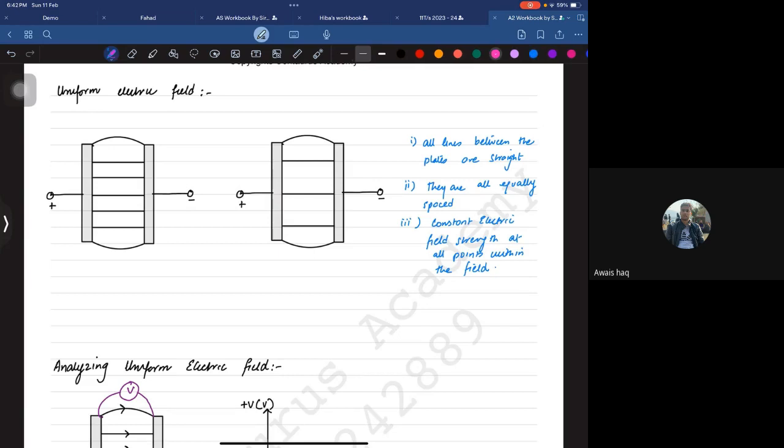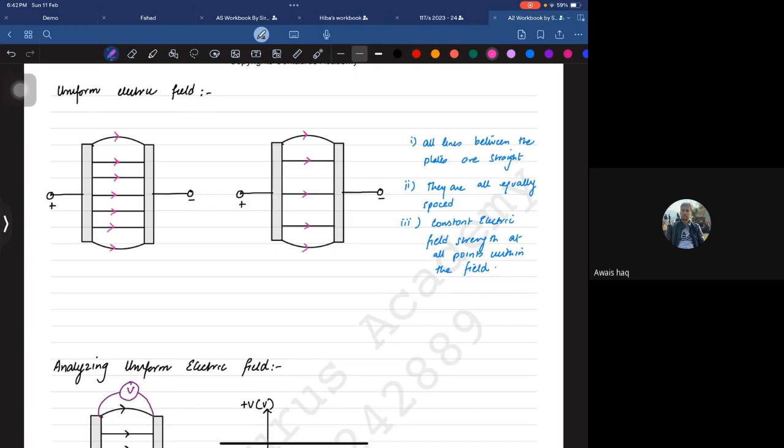So it goes like this, this, this, this, this, like that. Same goes for this one. It goes from positive to negative, like that.